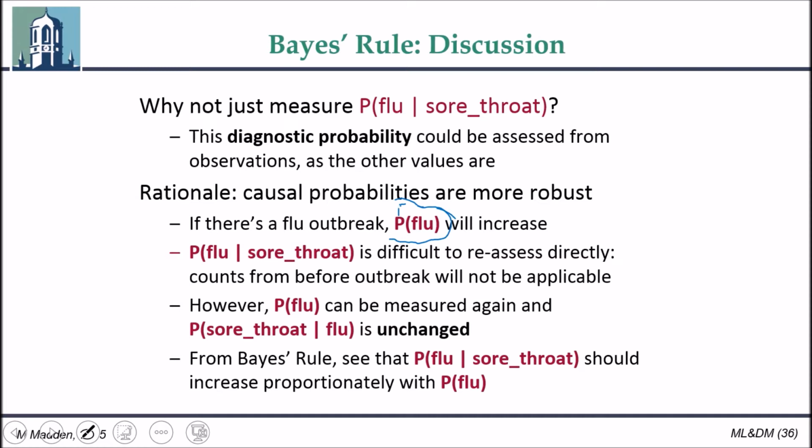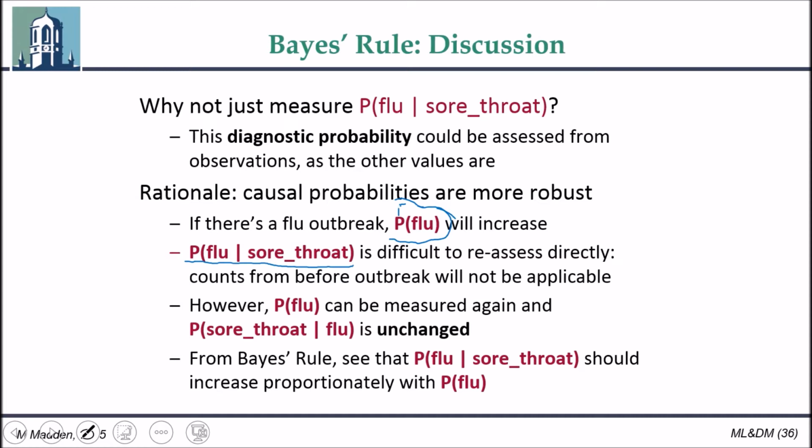And if that happens, we would have to go and somehow reassess this diagnostic probability, the probability of flu given sore throat. And that's going to be difficult to do, because if the frequency of flu has changed, any counts I made from before the outbreak of flu will not be applicable anymore, because they're going to be affected by the relative frequency. If there's a flu outbreak, I'm getting more patients coming into my surgery with flu as opposed to with other diseases. So I can't really use the counts from my outbreak validly.